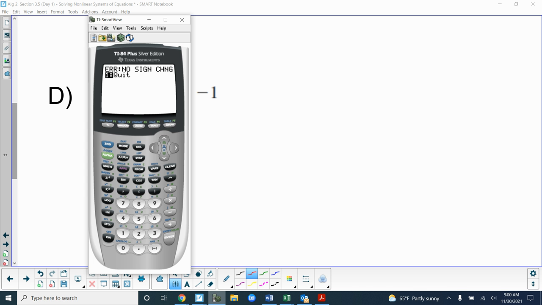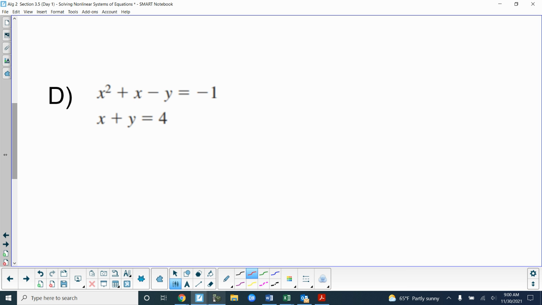All right, so just so you see what happens there when you're using your intersect part. All right, so here, what are you going to do with the x? For the linear one? Subtract it, right? So that's y equals -x plus 4, so that's one of your equations.